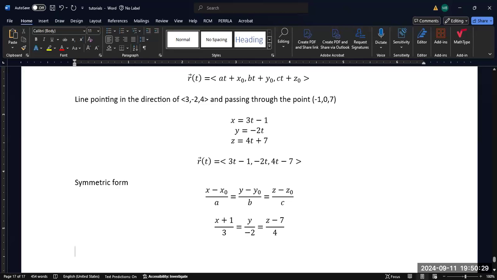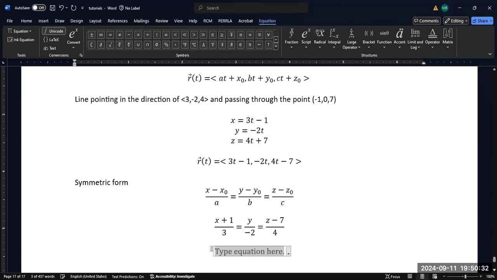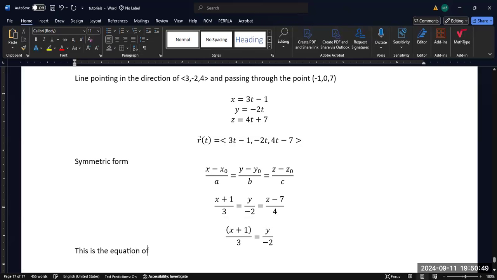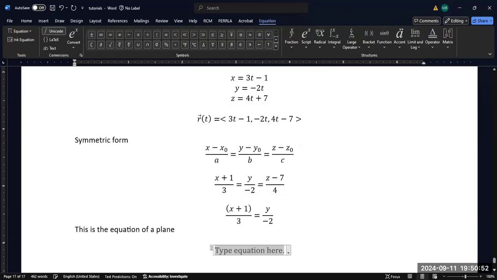Now, what this actually represents are planes. X plus 1 over 3 equals y over -2. That is a plane. And you can solve it for x and y, the constant, that's a plane in 3 dimensions. Similarly, y over -2 equals z minus 7 over 4.